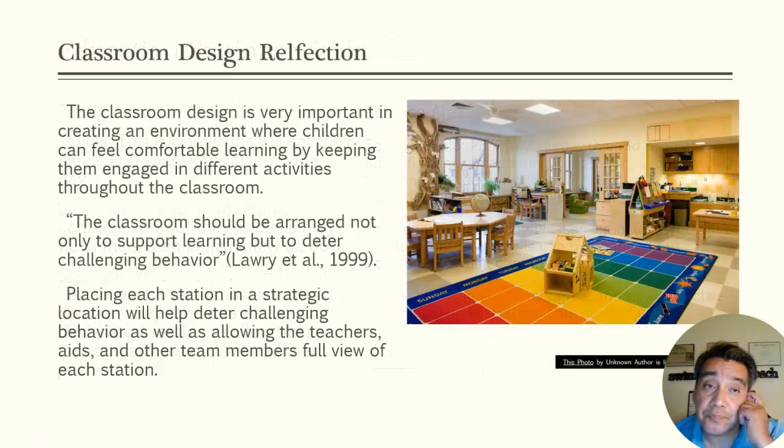Our classroom design is important because we want to create an environment where the children feel comfortable learning and where their interest is kept going so they don't get bored. Also, the classroom should be arranged not only to support learning, but to deter challenging behavior. This is important for us.